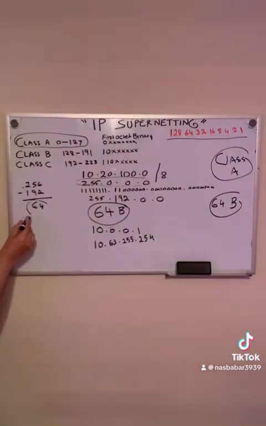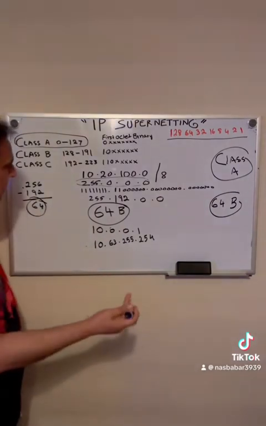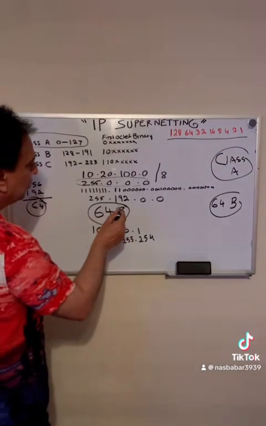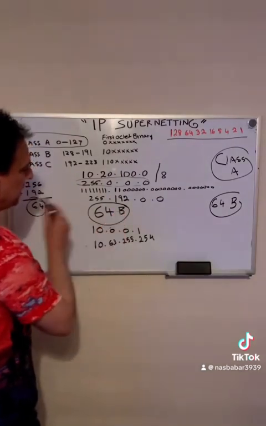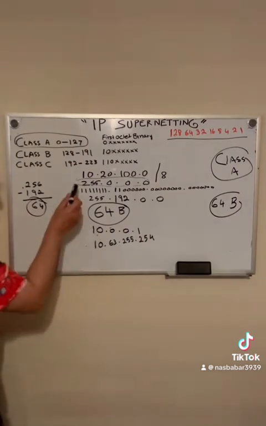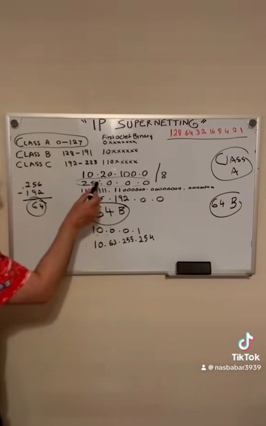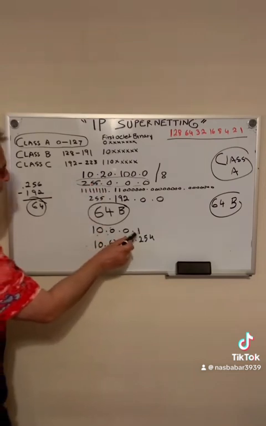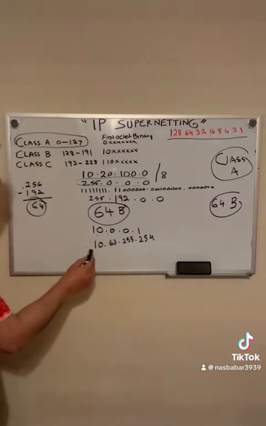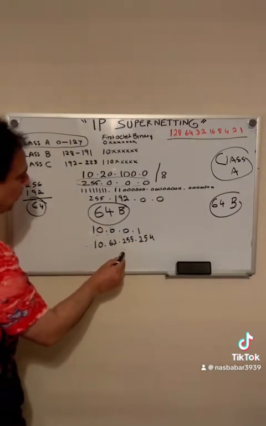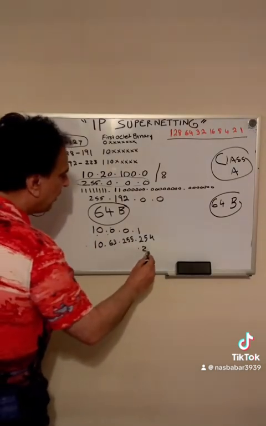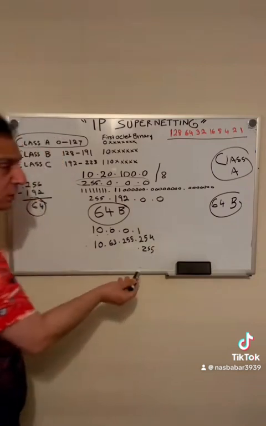That will give you the number of supernets. Since we tweaked the second octet, it's going to be 64 class B supernets, and the first IP is going to be 10.0.0.1, and the last IP address in this particular block is going to be 10.63.255.254. Technically it's .255, but we can't use that because it's the broadcast address.